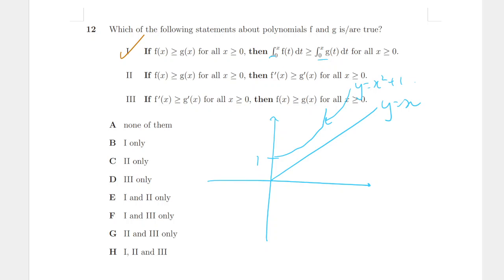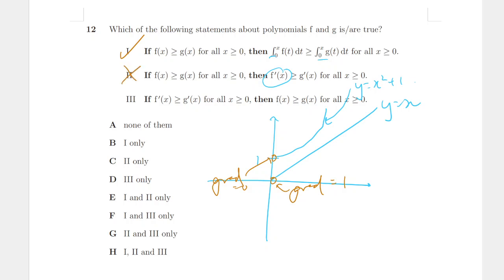So is f'(x) always greater than or equal to g'(x)? Have a think. I think not really. Because if you look at the y-intercepts, the gradient here is 1, but then the gradient here is 0. So the gradient of f is less than the gradient of g. So I have found a counterexample to 2.